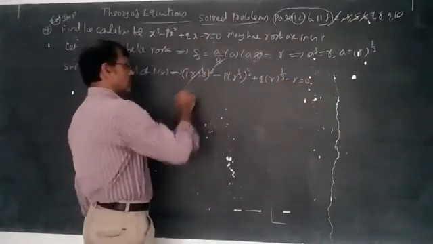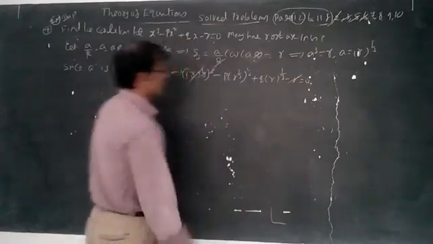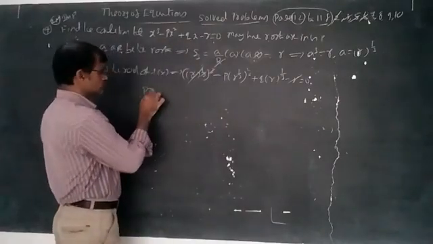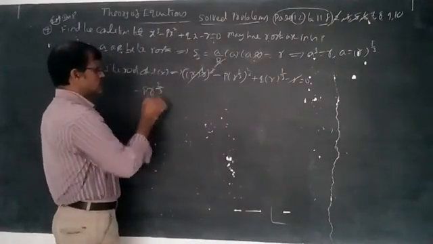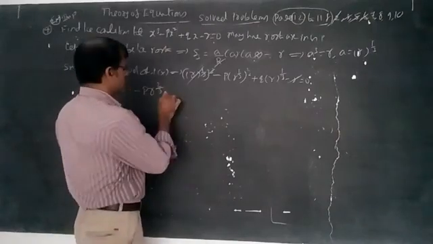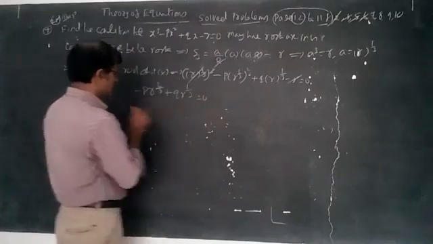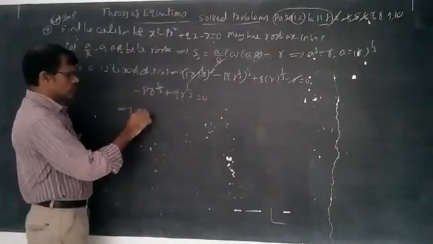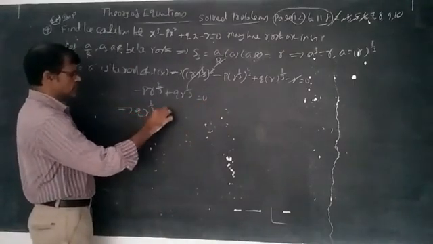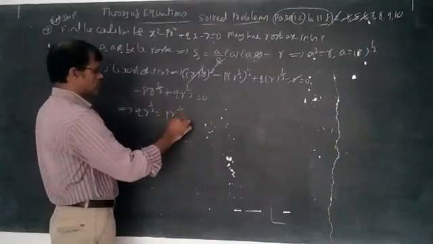Here the 3 will get cancelled, r minus r becomes 0. This is minus p r power 2 by 3 plus q r power 1 by 3 equal to 0. That implies q r power 1 by 3 is equal to p r power 2 by 3.